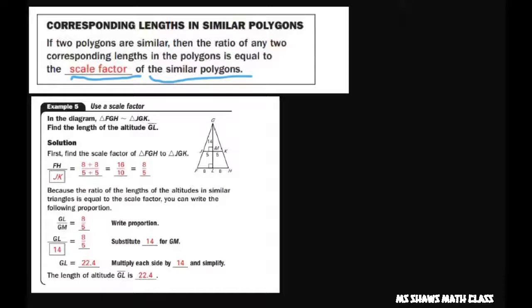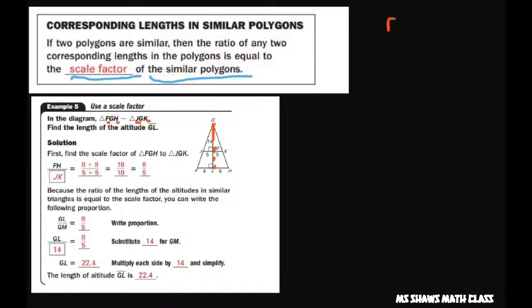So basically, we have two similar triangles here. Find the length of the altitude, which is JL or GL, this one right here. So first of all, we have to find the scale factor. So what I want to do is look at FH, and that goes with JK.